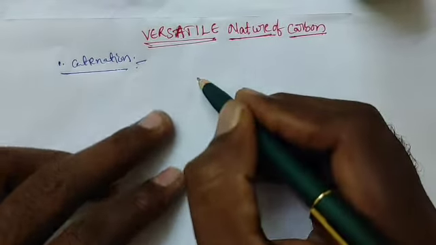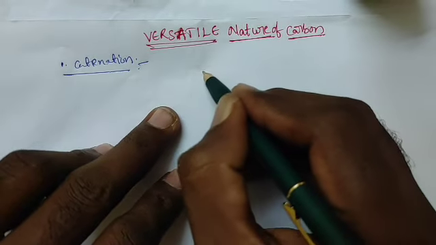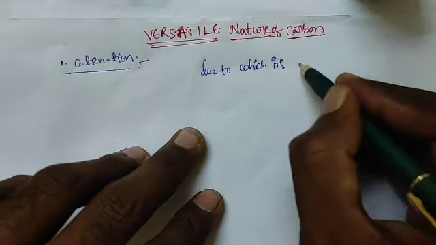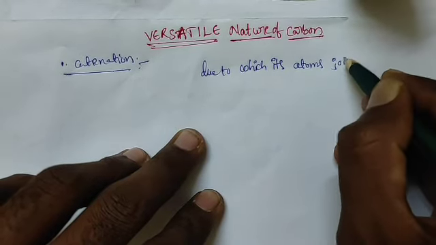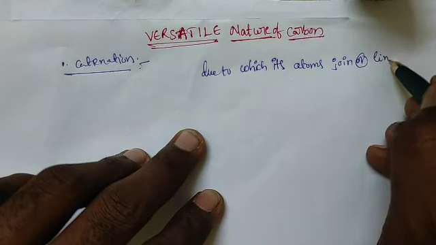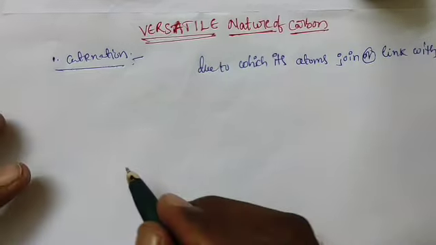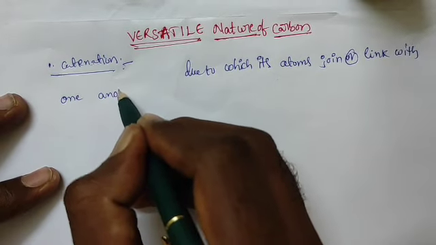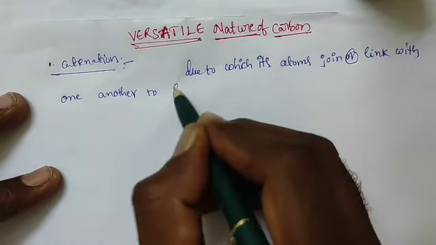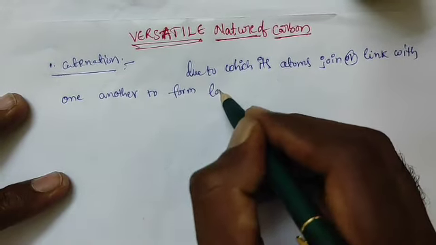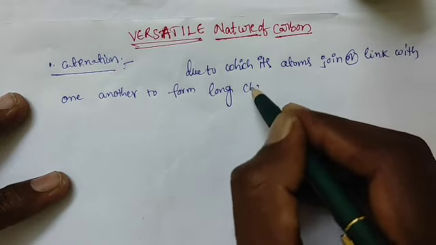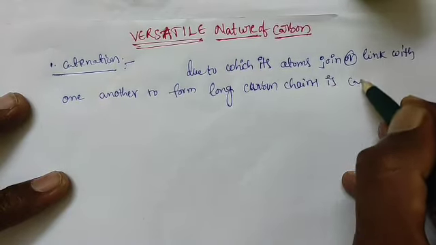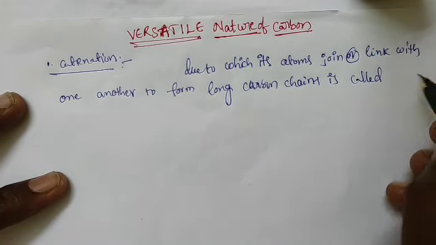Ability to connect: due to which its atoms join or link with one another to form long carbon chains is called catenation.